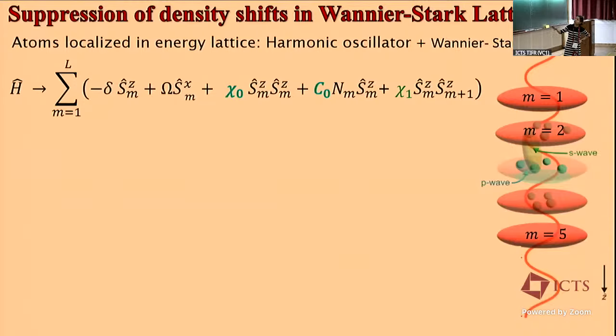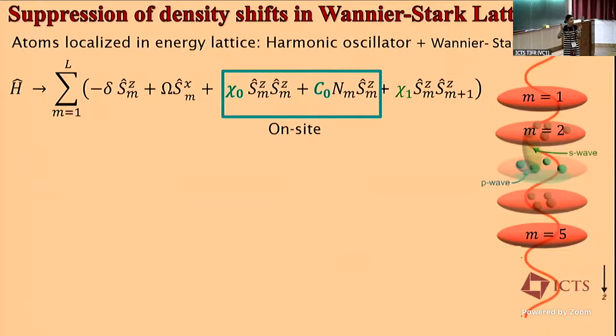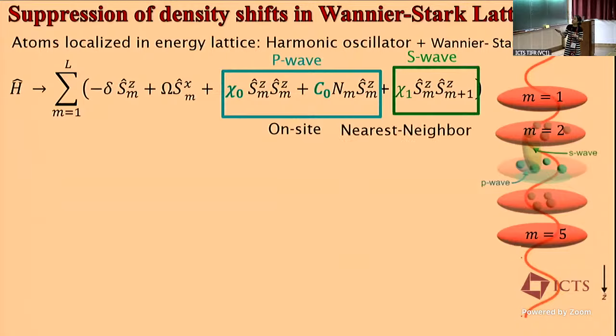And if I look at the collisions between atoms in different parts of the lattice, we are going to have the same on-site collisions that I described before, that are purely P-wave because the atoms are identical in each lattice site. But now between atoms in different lattice sites, there is going to be a little bit of S-wave collisions, because atoms have different phases in different lattice sites because of the spin-orbit coupling.